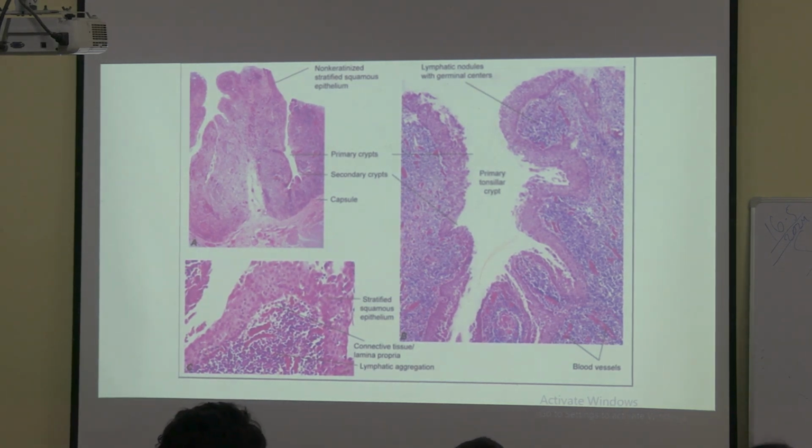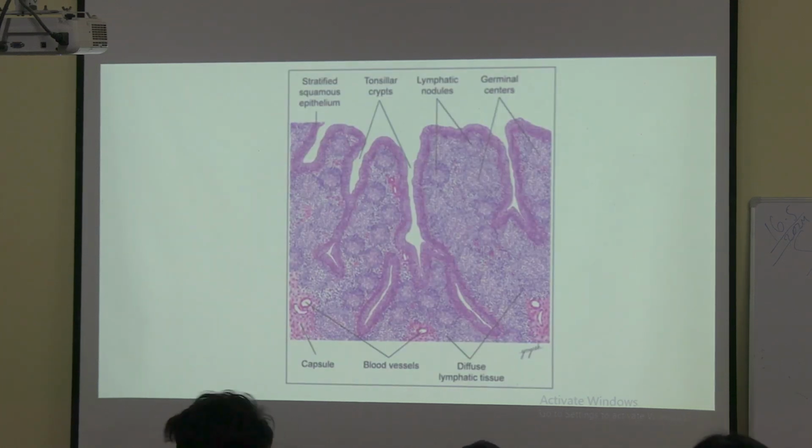So this previous diagram is important. This particular diagram you have to draw in your practical notebook. Okay.